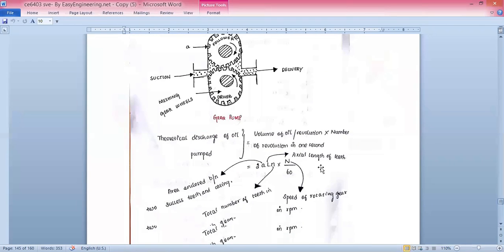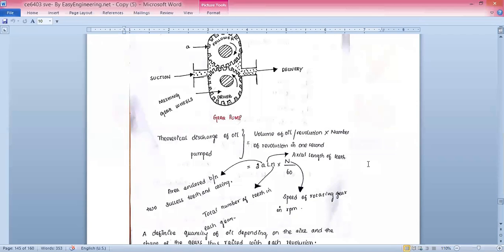Further, we will see some videos of all these pumps, and then things will be more clear. Further we have the theoretical discharge of oil.